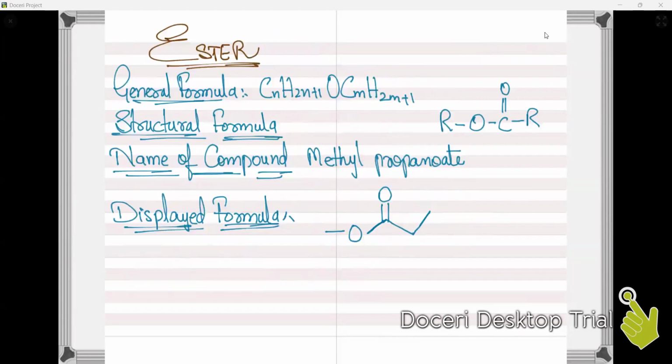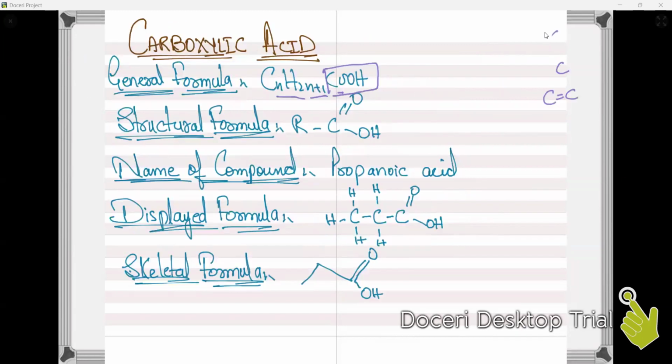This is how we draw this structure. It has 1 carbon, it has a double bond with oxygen, and then it has an OH group. The name of this compound is propanoic acid.